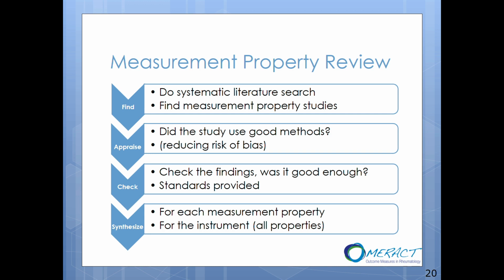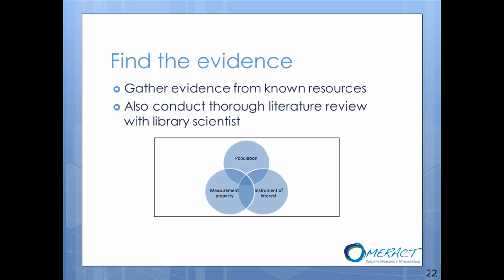How did the instrument actually do? Was it good enough? And we have some provisional standards available for you to use for that. And then we move into the phase of synthesis, where we do a synthesis across all the evidence for each measurement property, and then across all the properties for an overall synthesis of how well the instrument as a whole did.